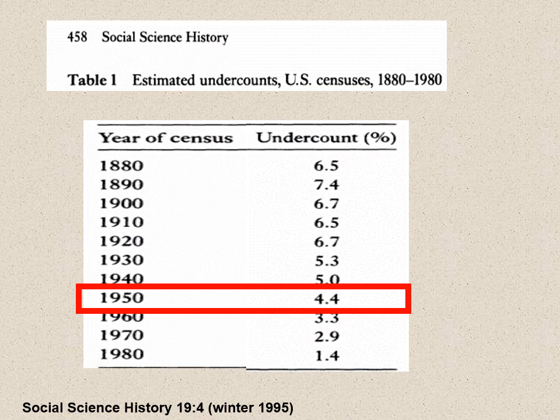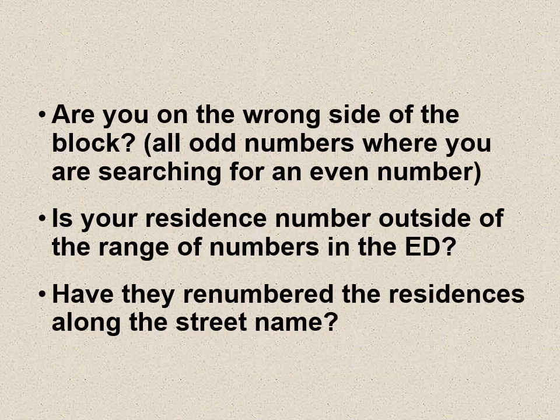And remember that you should always look at the end of each ED as well, because people who were missed the first time through are often put at the end, and in 1950 that will be starting on numbered sheet 71. Even if there are 5 sheets, the 6th sheet with the additional people would be numbered 71.